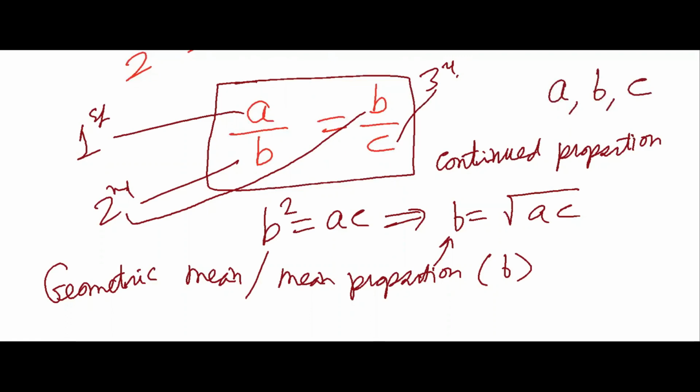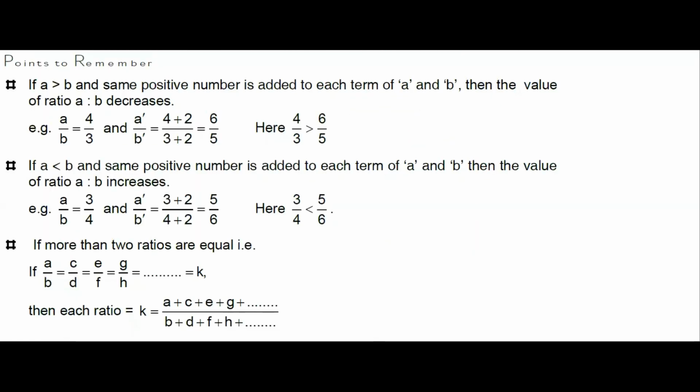Okay, fine. Next point, there are certain points which we need to remember. It says that if A is greater than B in the ratio, the ratio is A is to B. So if A upon B, means A is to B, is 4 upon 3, and I am adding a number to the ratio, then whatever answer I get will always be less than your actual ratio.